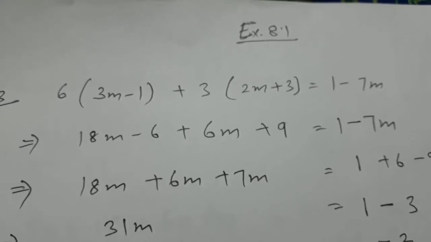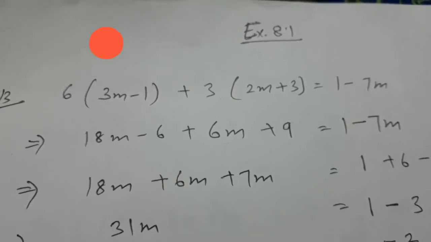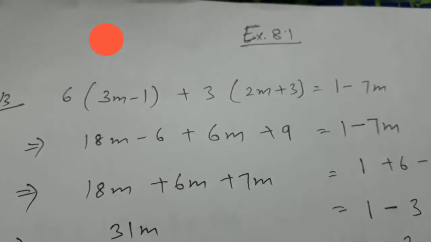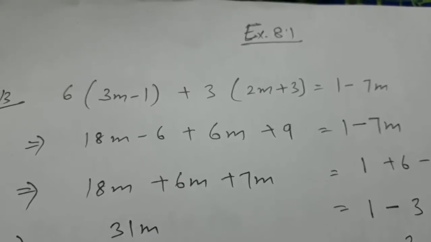So not to waste further time, let's check out how to solve question number 13, 14, 15 and 16 of exercise 8.1, chapter linear equation in one variable, class 8, publication house Goel Brothers Prakashan.